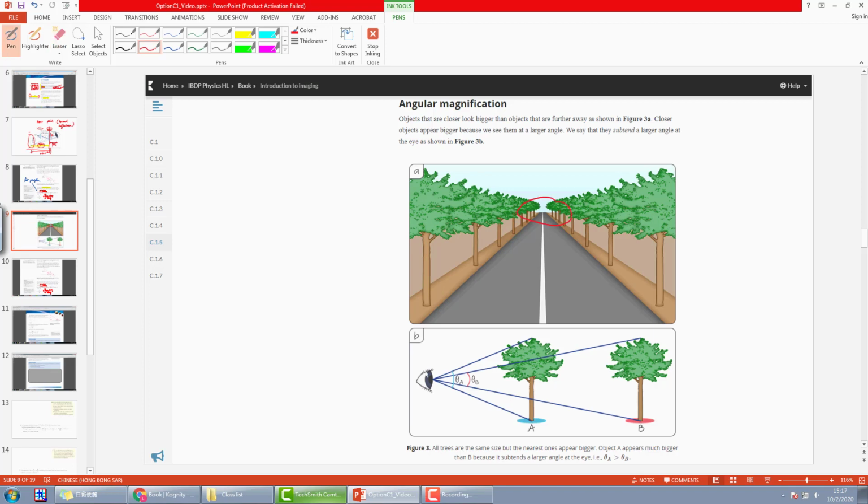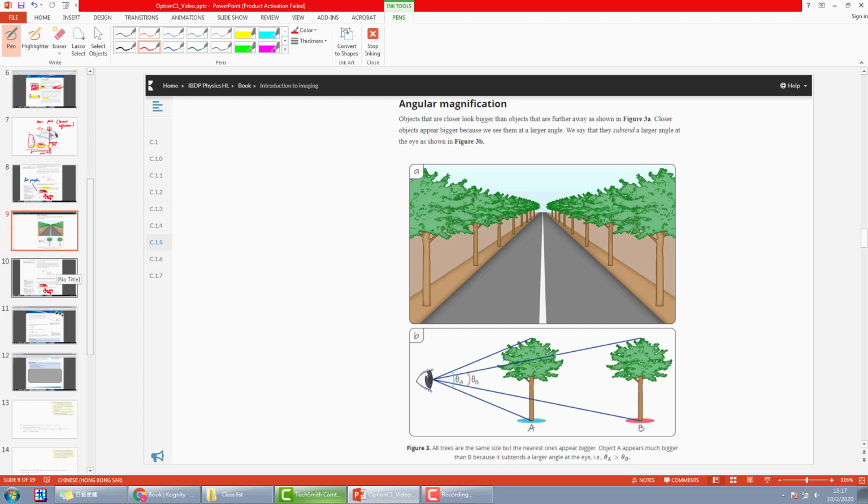This is simply because of perception: the angle of the light coming from the top and the bottom of the tree forms a smaller angle if the tree is further away, and a bigger angle if it is closer. That's why you feel that it's bigger, but actually it's the same size if you go and measure them. This is the idea of angular magnification.